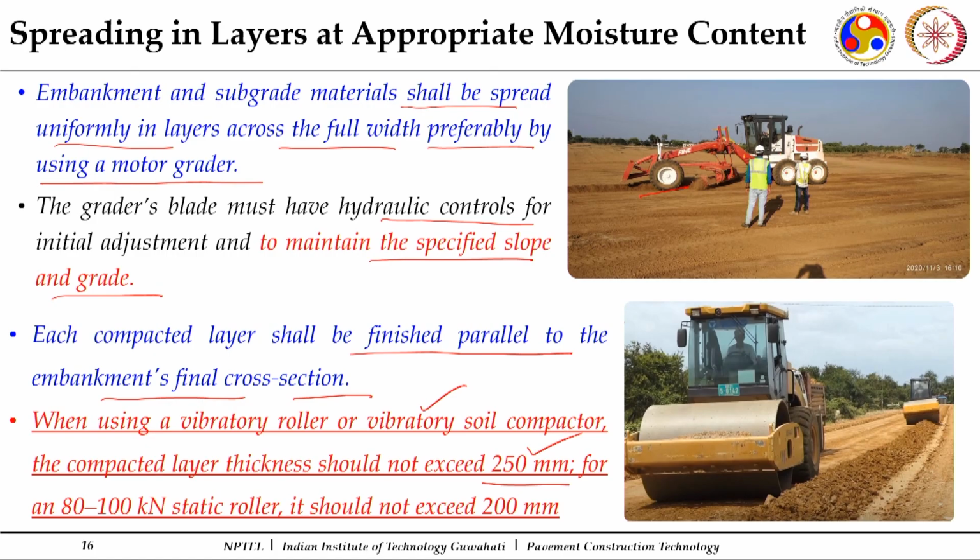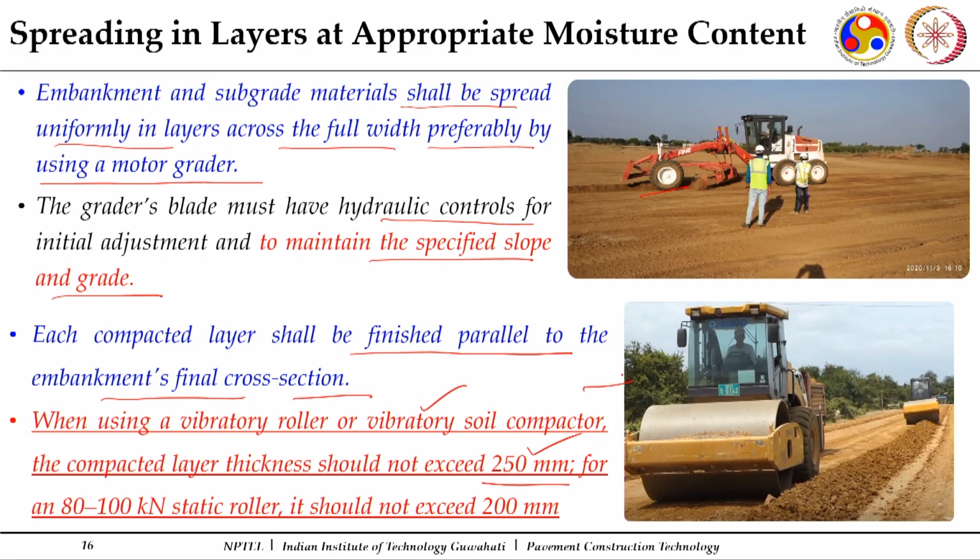The loose layer thickness will be a bit more than this, and to decide how much the loose layer thickness should be to achieve the compacted thickness of 250 mm, we will go for trial stretches. A particular length can be laid in the field, watered, and then we will look at how much compactive effort, in terms of different passes, is required, to make the decision on the compaction.